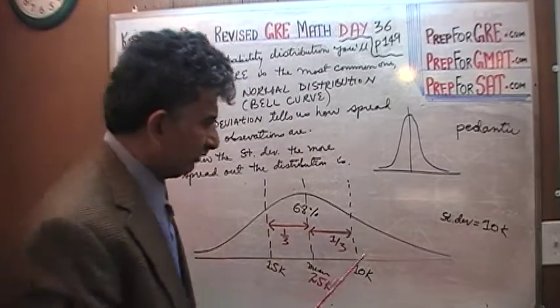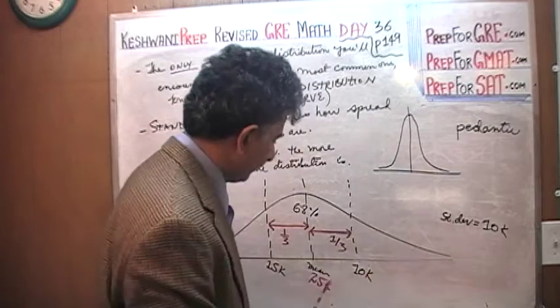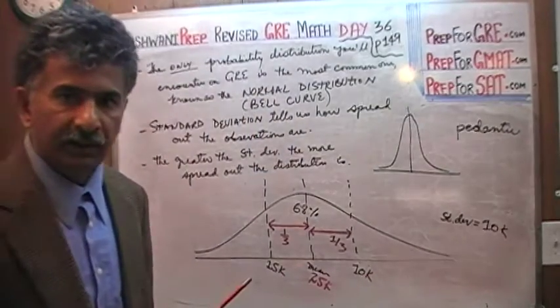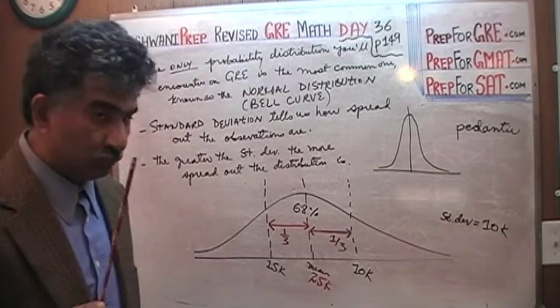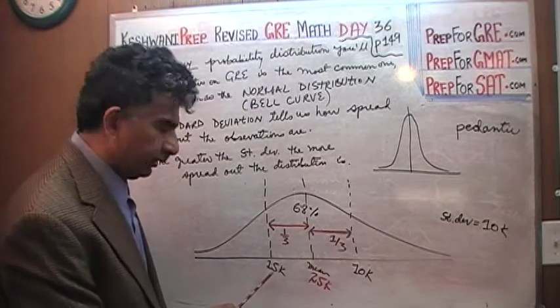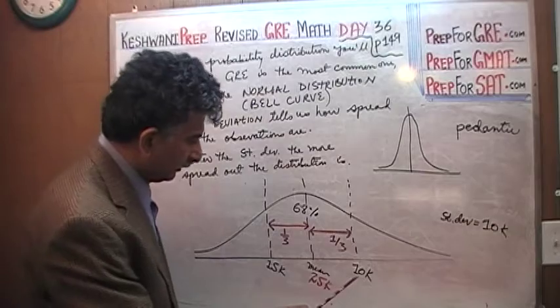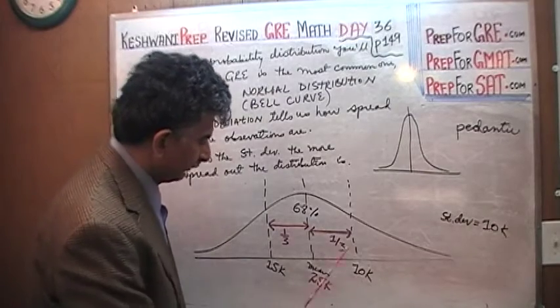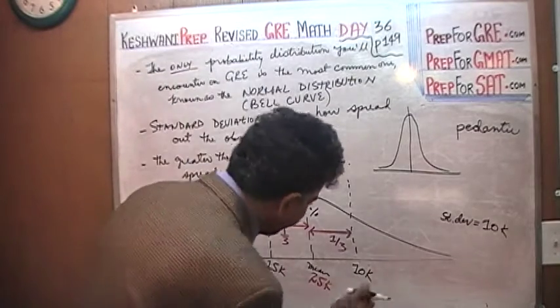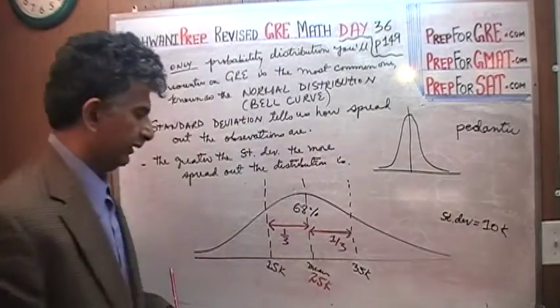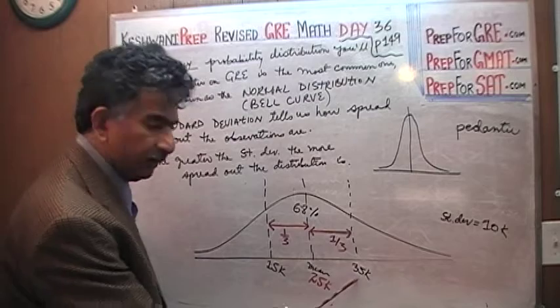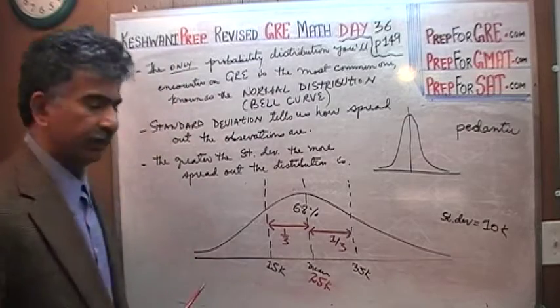Based on those facts, a standard deviation of 10,000 and a mean of 25,000, that tells us that two-thirds of the households in this town will have an income somewhere between 15,000 and, this should not say 10,000, this should say 10 plus 25, 35,000. $10,000 above the mean and $10,000 below the mean.